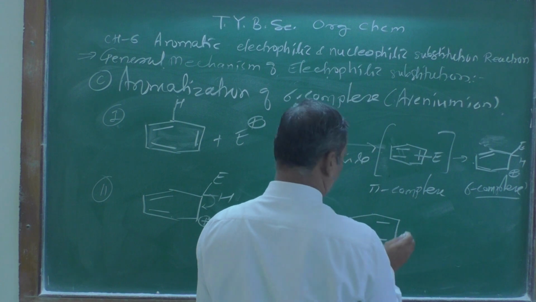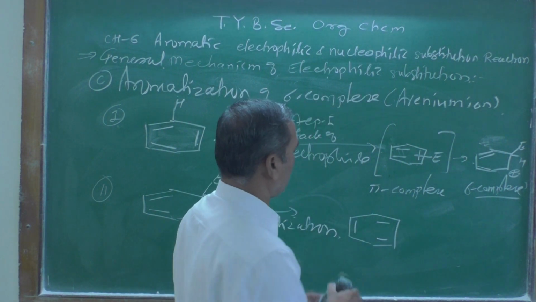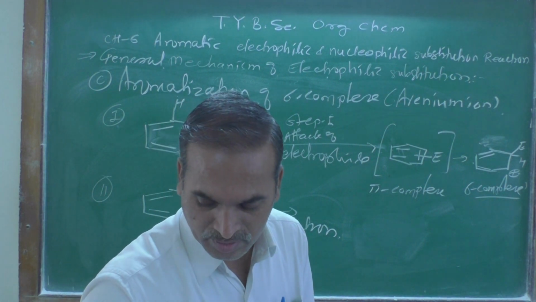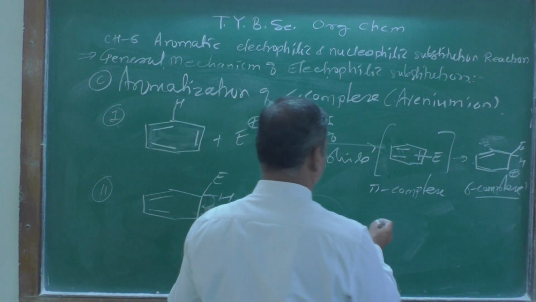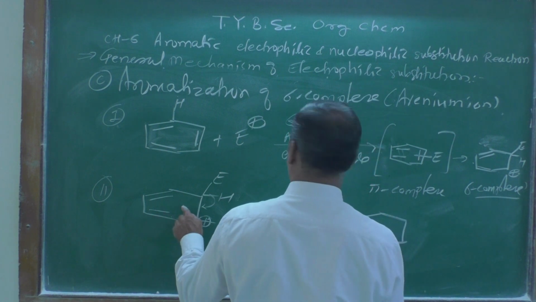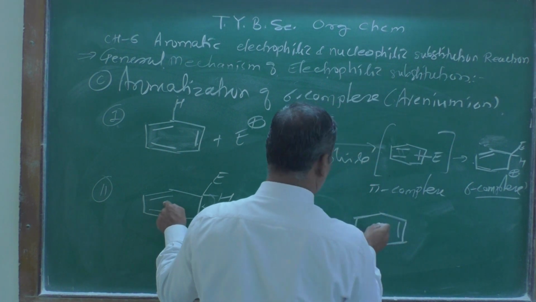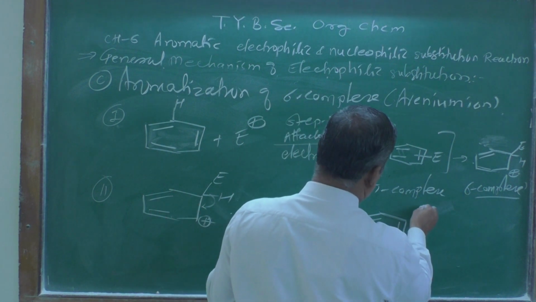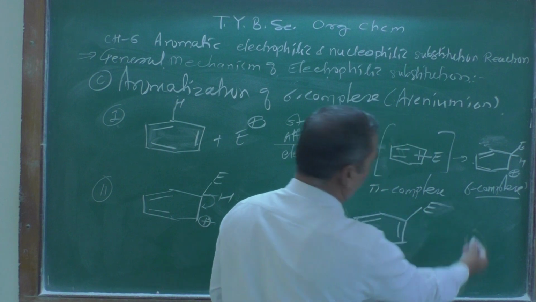Let us see properly what was shown in the first step, so don't get confused. This double bond and this double bond are as they are, and here we get the electrophile.